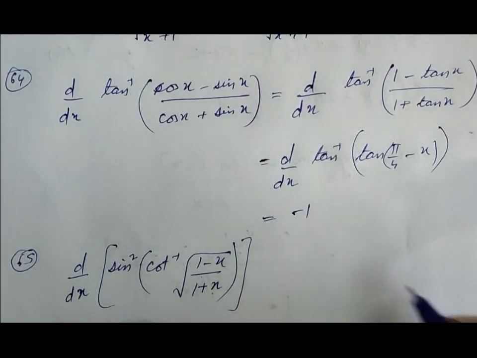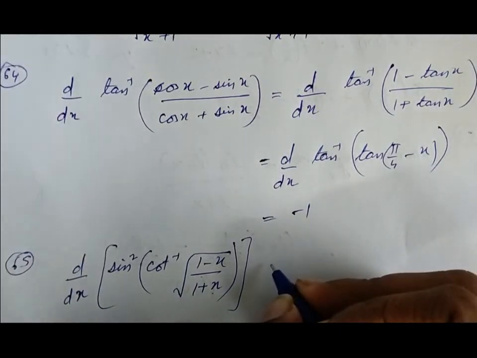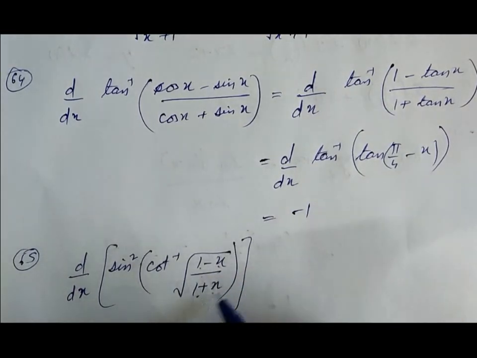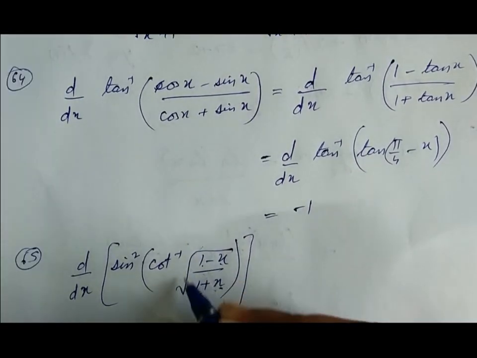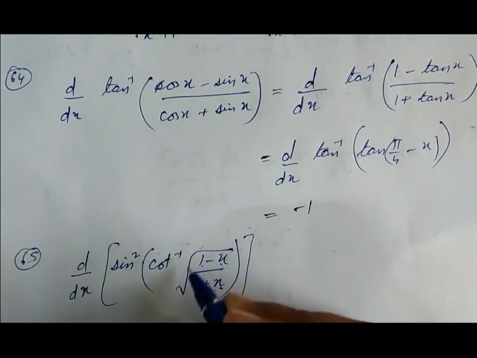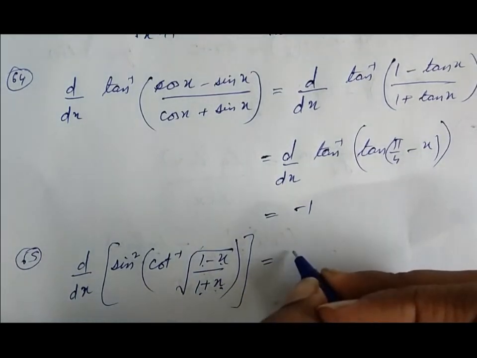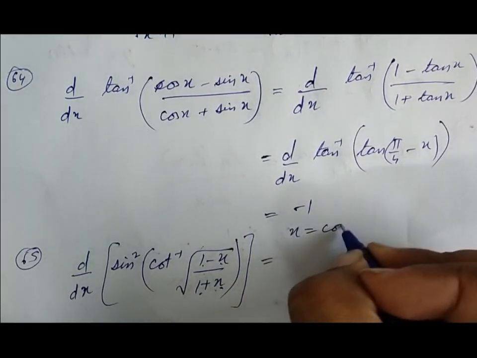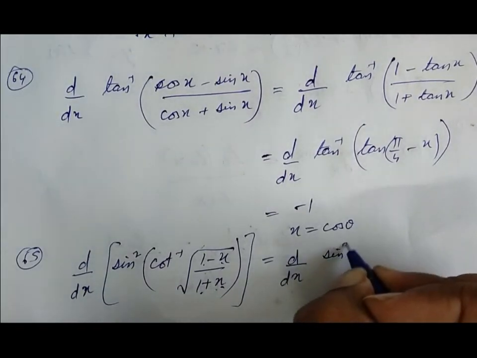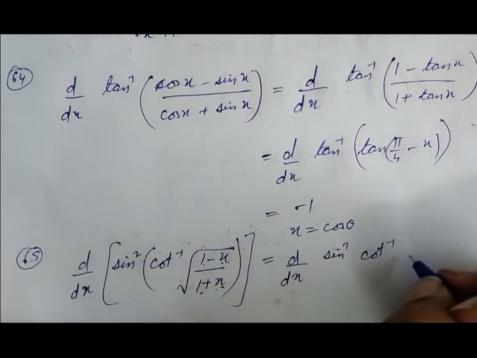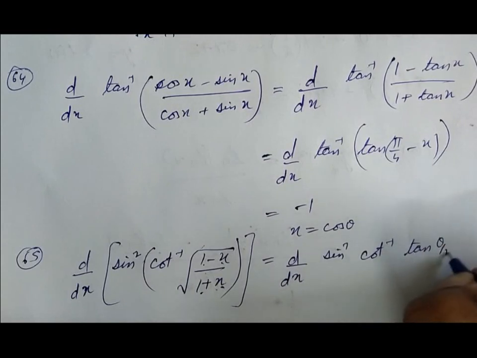Then (1 minus cos theta) upon (1 plus cos theta) will be equal to tan square theta by 2, and hence the root will be equal to tan theta by 2. So x is equal to cos theta.